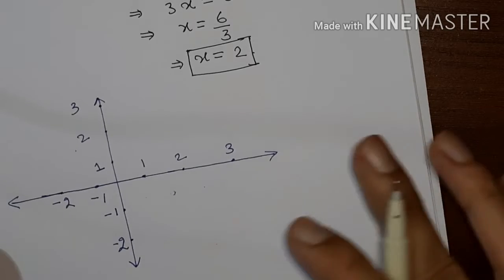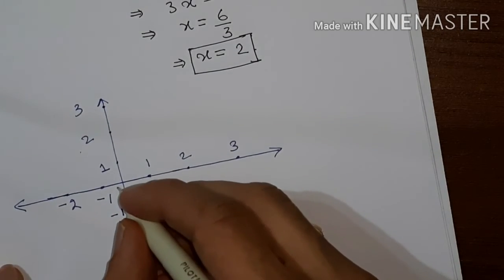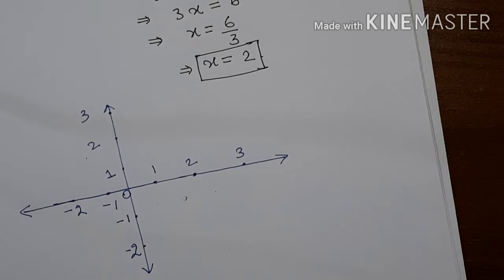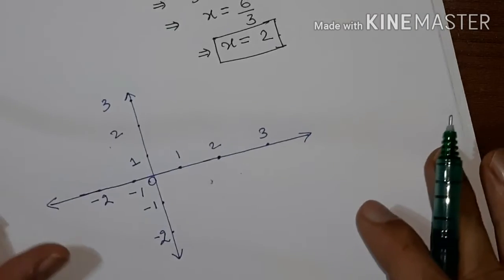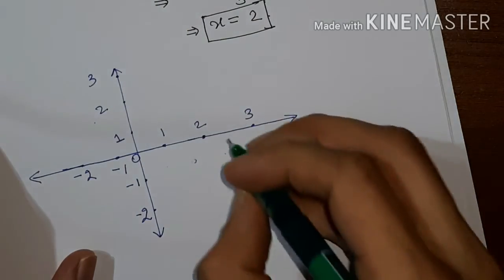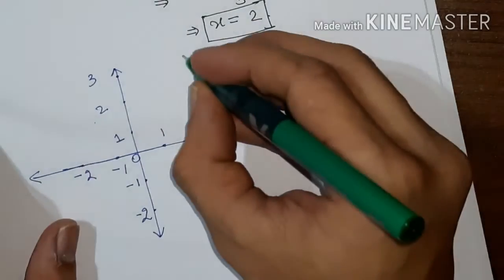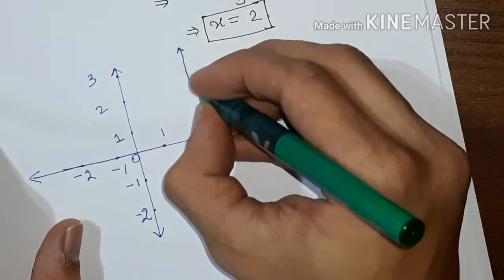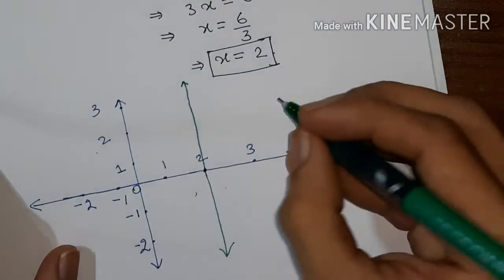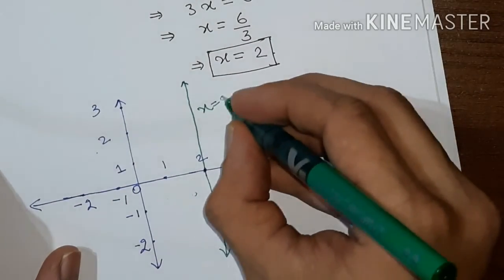This is the origin. So what is the line x equal to 2? X equal to 2 will be the line which is parallel to the y axis, and which passes through the point 2 comma 0. So x equal to 2 is here. So this is x equal to 2.